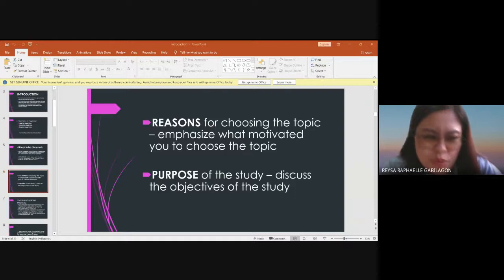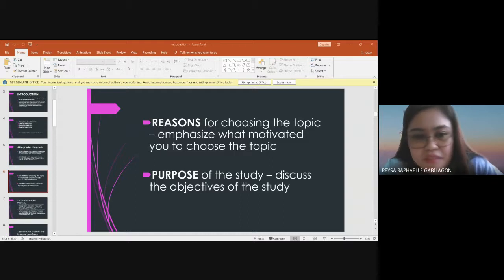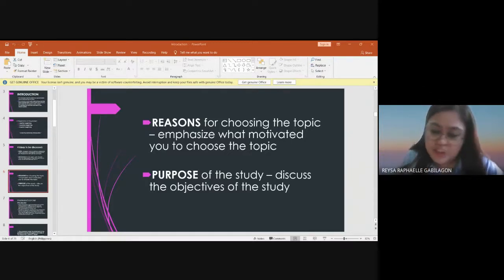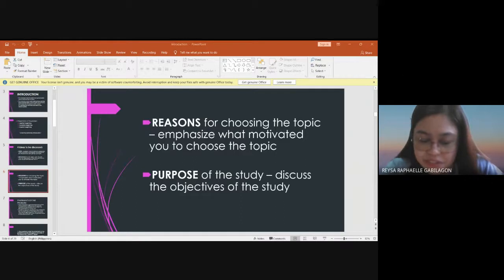So most of the time, actually, we cannot quantify experience. So reading a lot of qualitative research, I don't see a lot of statistics. Ano lang sila, sa introduction, ang ginagawa lang nila is they introduce the research topic and then nagbibigay lang sila ng current situation.